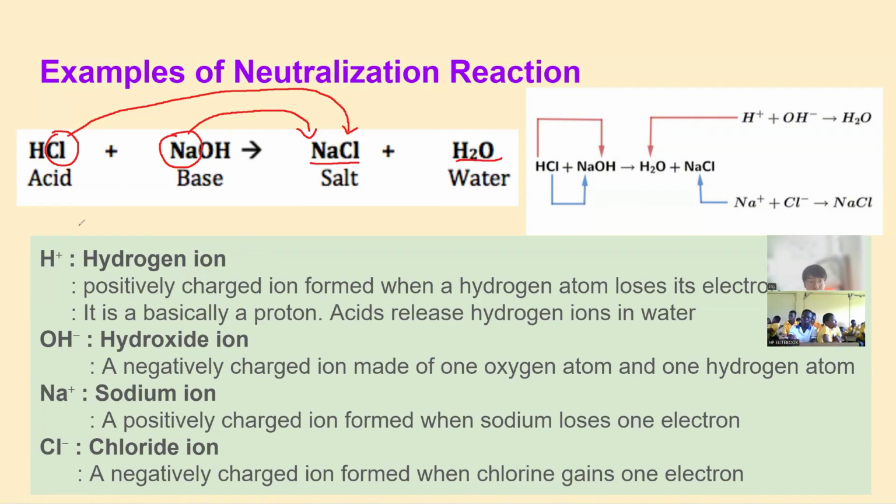But where does water come from? Remember, an acid and a base form salt and water. Well, remaining, let me make it blue, we have H and OH here. H and OH combined make water.